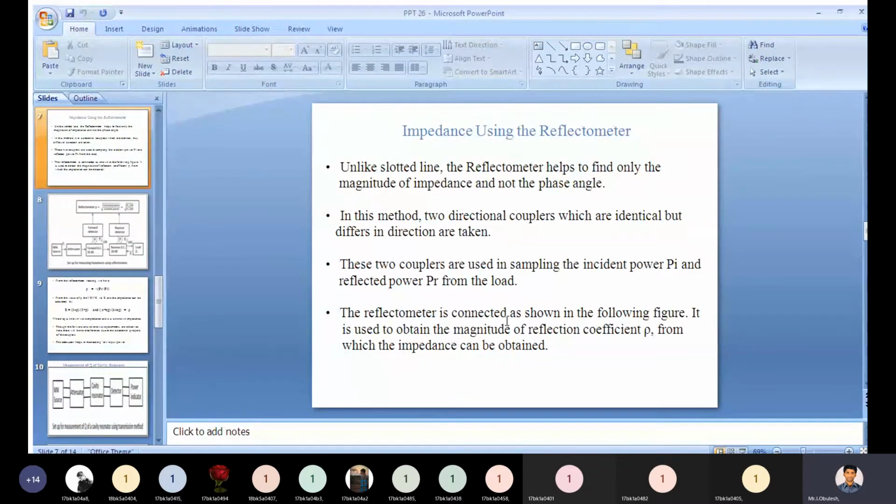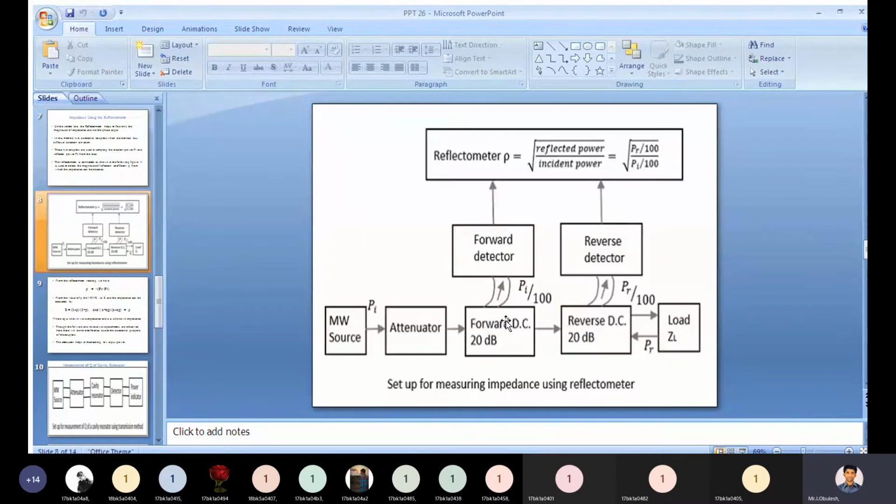Next, impedance using the reflectometer. See the diagram for that. This is the setup for measuring impedance using a reflectometer.